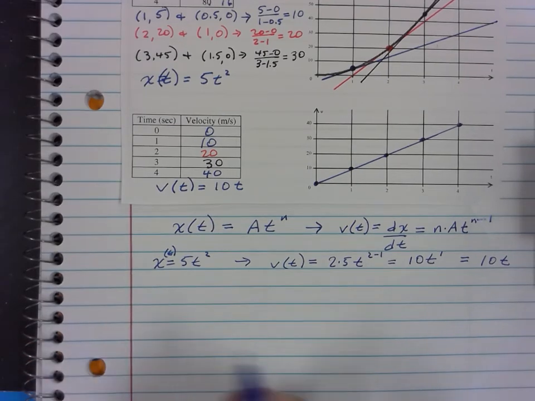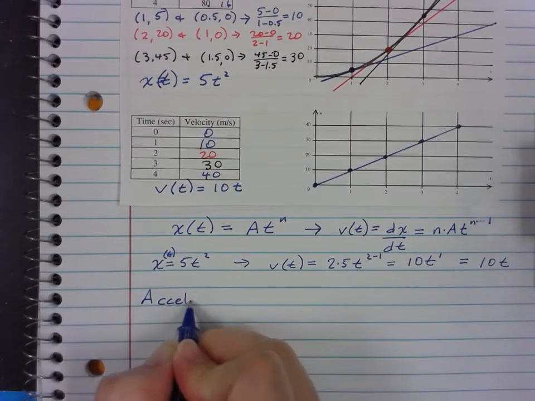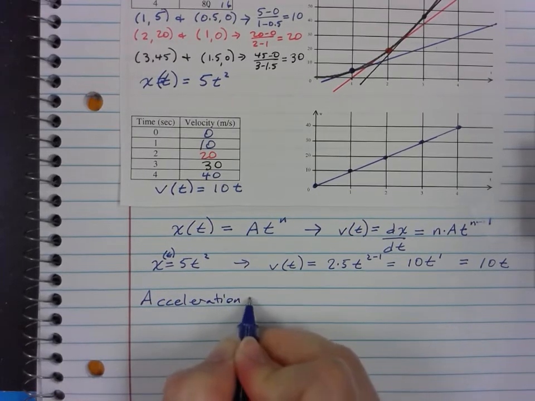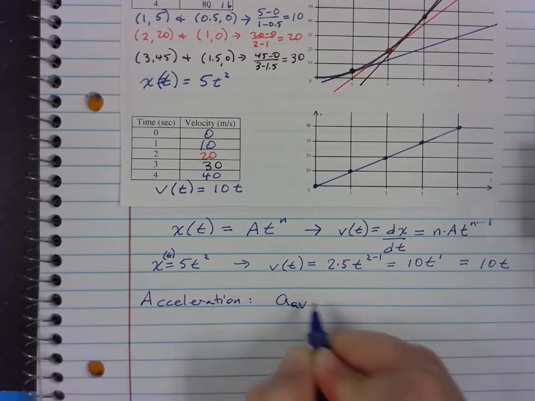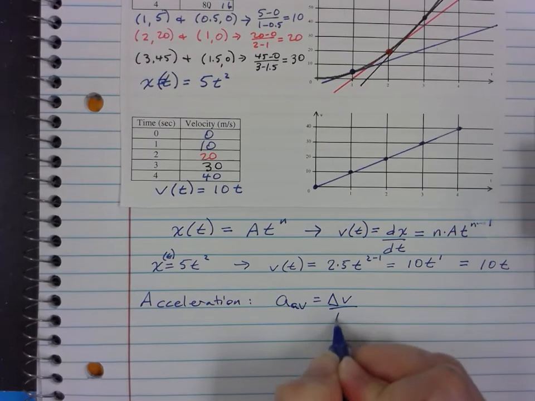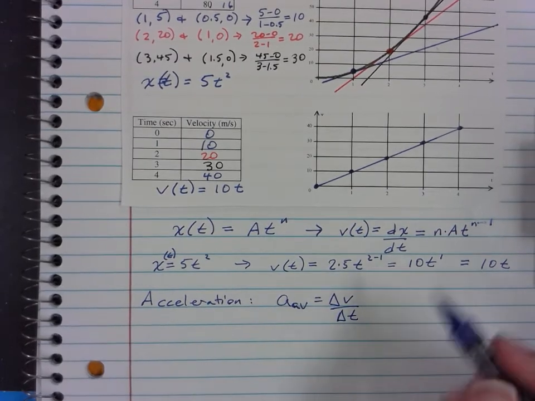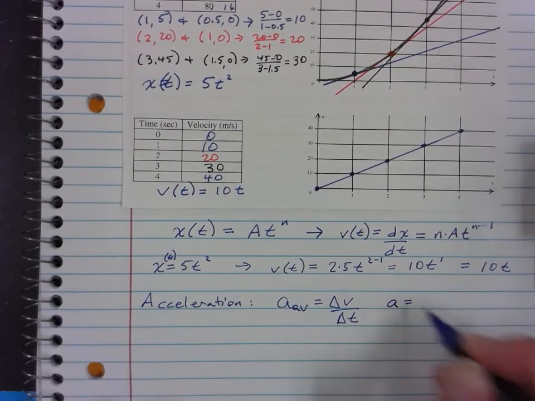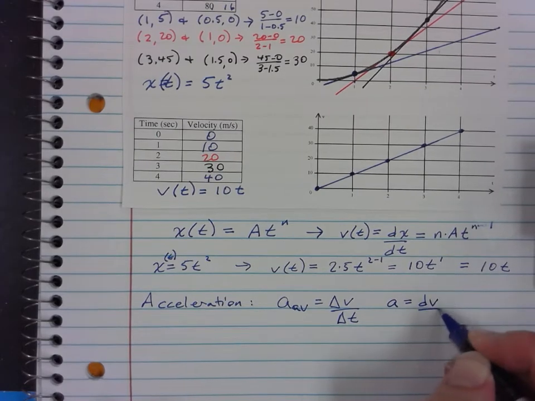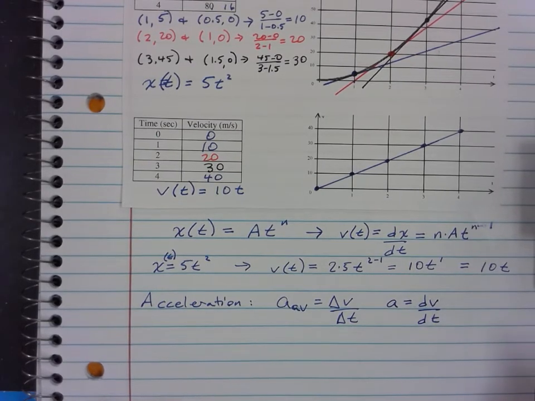Okay, acceleration. You know average acceleration is the rate of change of velocity. So you can guess that the instantaneous acceleration is the derivative of the velocity.